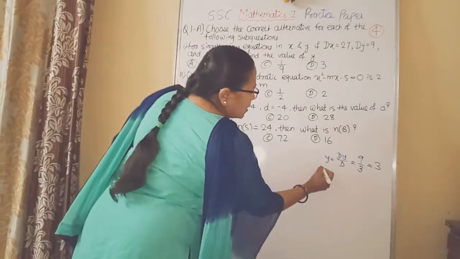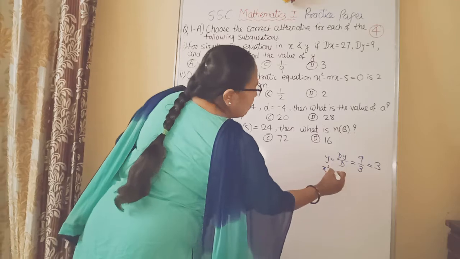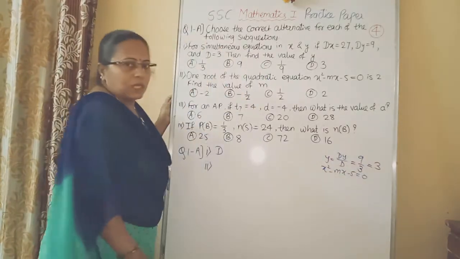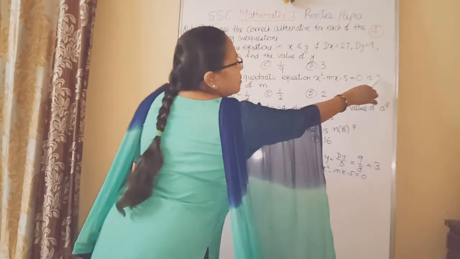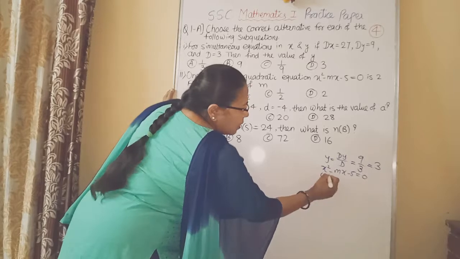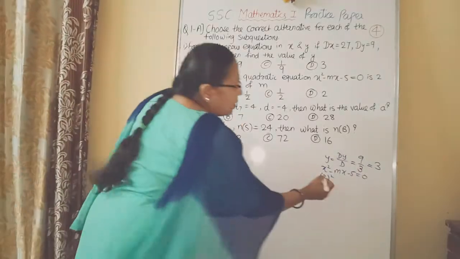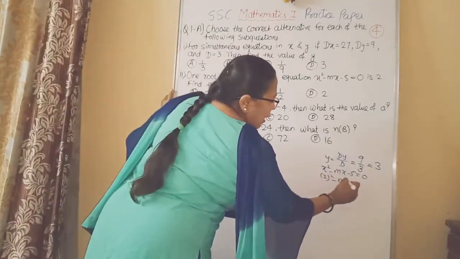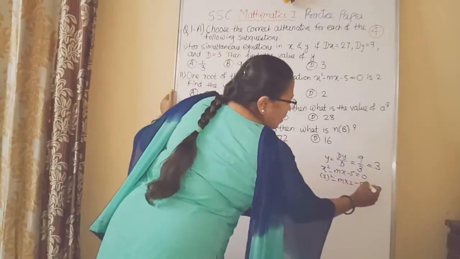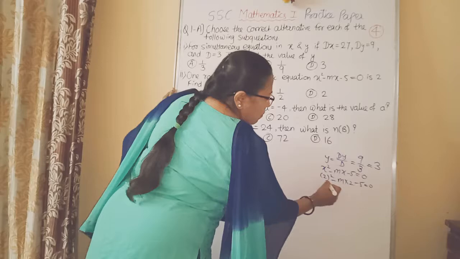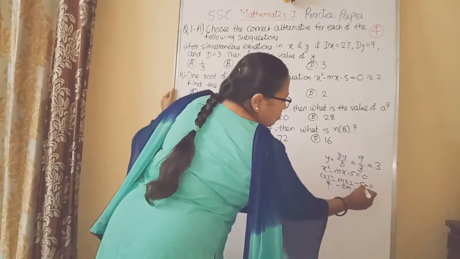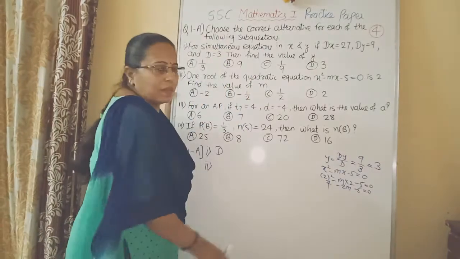See, the equation is x square minus mx minus 5 equal to 0. You have to substitute x equal to 2. So x square means here 2 square minus m into 2 minus 5 equal to 0. 2 square is 4, minus 2m minus 5 equal to 0.